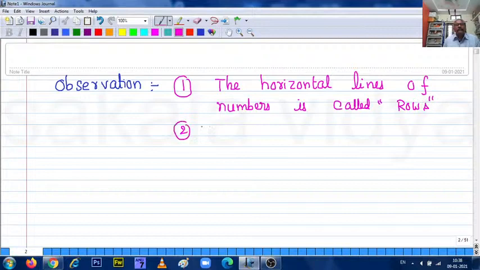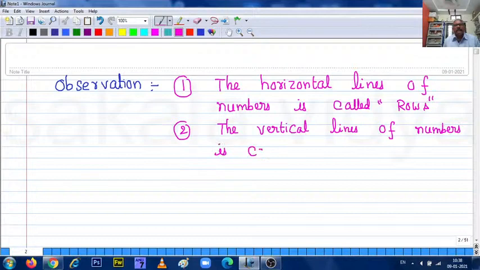Next, the vertical lines of numbers are called columns.